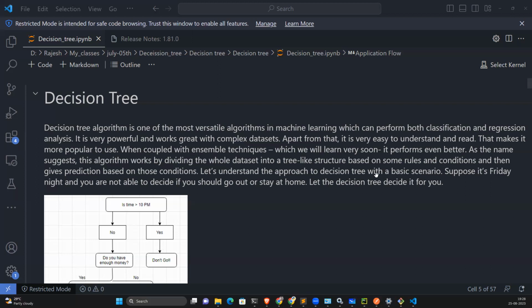Similarly, in machine learning also, there is a technique which is called ensemble machine learning. What we are trying to do in ensemble machine learning is gather different kinds of machine learning models and put them together in a single place, creating a single model. This is called ensemble.